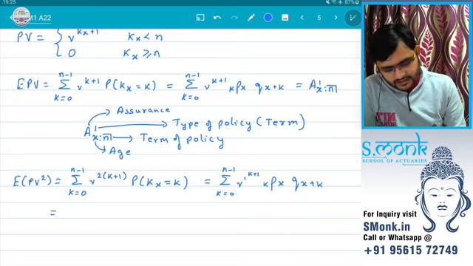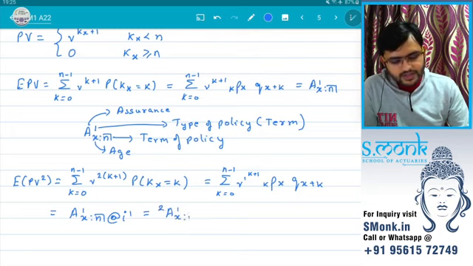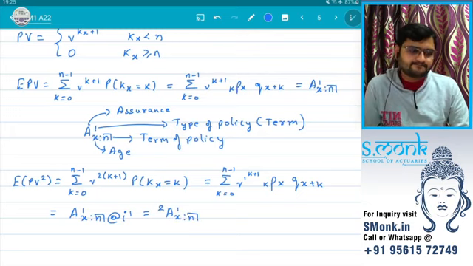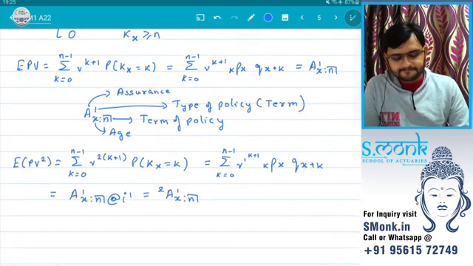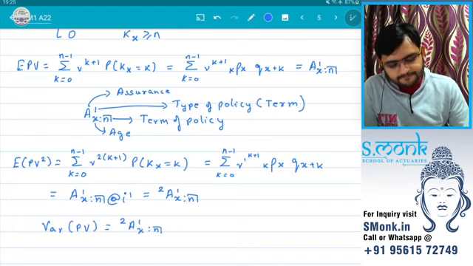So I can write it as A x dash n for rate of interest i dash, or as 2A x dash n. So the variance of present value is 2A x dash n minus A x dash n whole square.